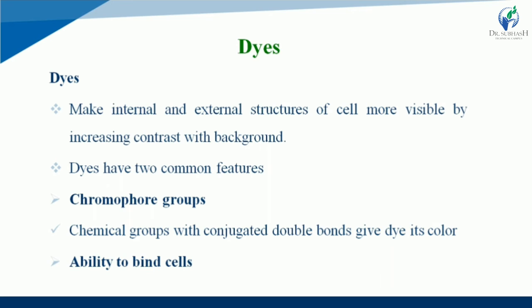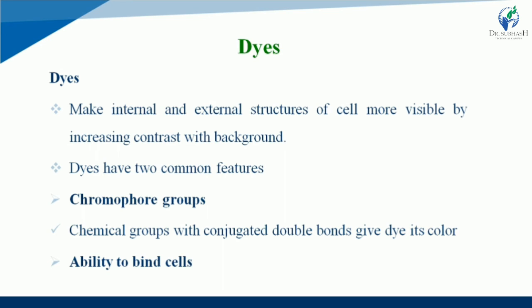In chromophore groups, a chemical group with conjugated double bonds gives the dye its color. The next is the ability to bind to a cell. So what is the role of dyes? Dyes make the internal as well as external structure of cells more visible by increasing contrast with the background, and dyes have two common features.